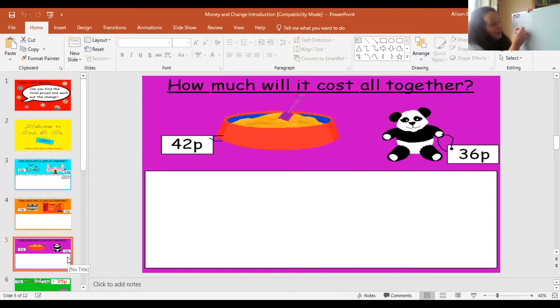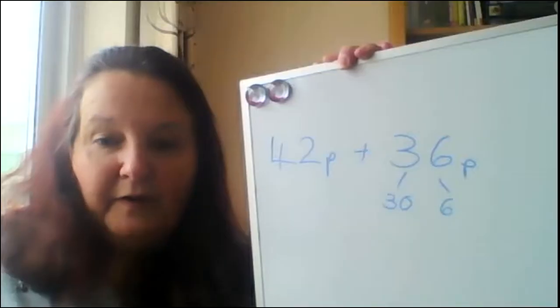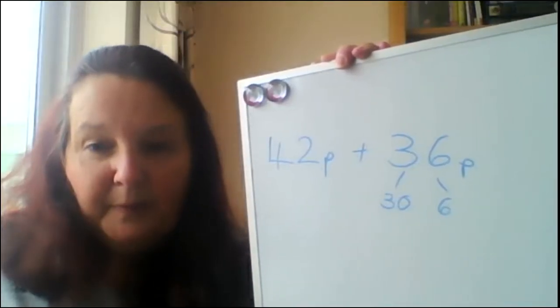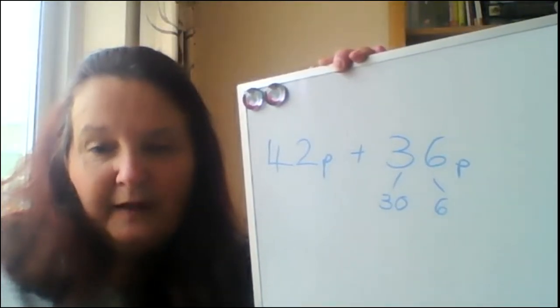Mrs. Barton will work it out as well at the same time. 42 and 36. I'm going to leave 42 as it is. Partition my 30 and 6. Have a go yourself. I shall pop up the 100 square if that helps you.